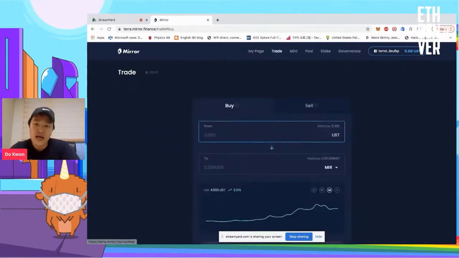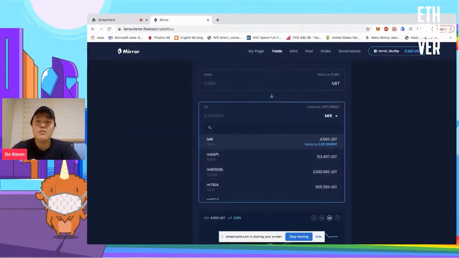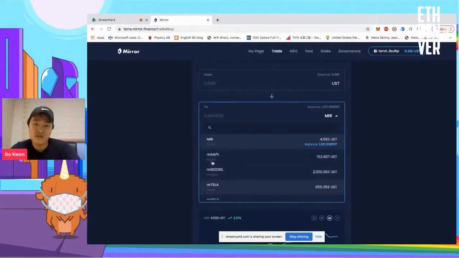So if you look at the types of things that you can buy with UST, which is our dollar-pegged stablecoin, it's things like mApple that tracks the price of an Apple stock, mGoogle tracking the price of Google, mTesla tracking the price of Tesla, and so on and so forth.